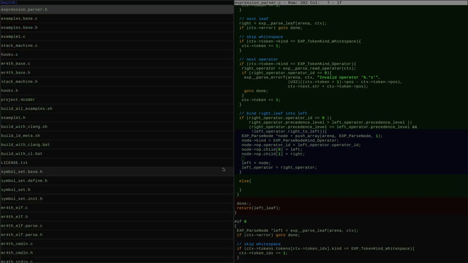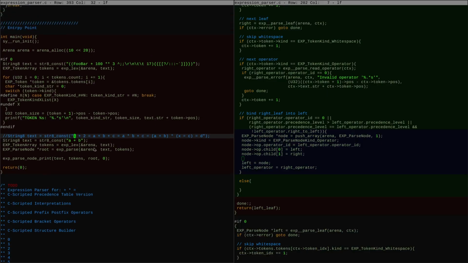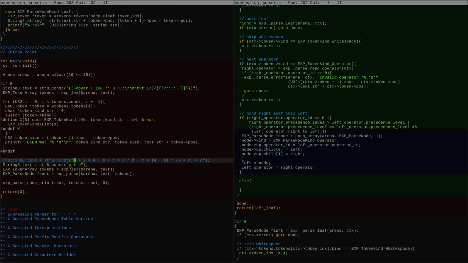Right, so what this means is if you see something like A times B plus C, what should happen here is we make this our left leaf, make this our left operator, make this our right leaf, make this our right operator.